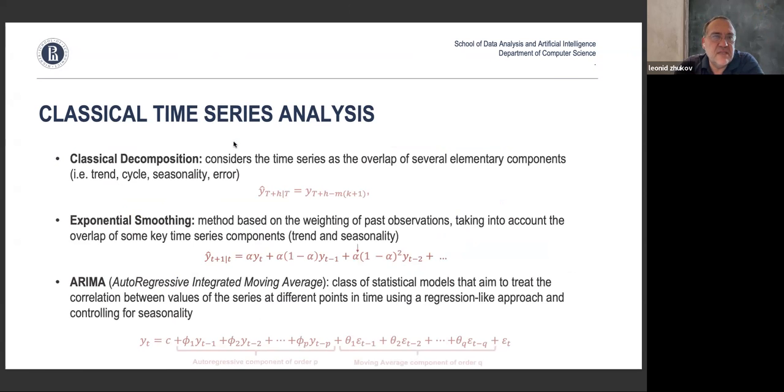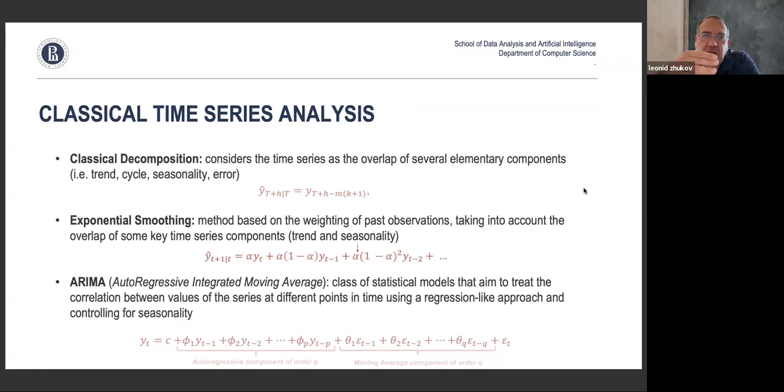So going back to this classical analysis, there are probably three most popular techniques. The first one is the classical decomposition, which we looked into, where you consider the time series as a sum or product of several elementary components, which are trend, cycle, seasonality, and error, and then you can decompose it into those components.